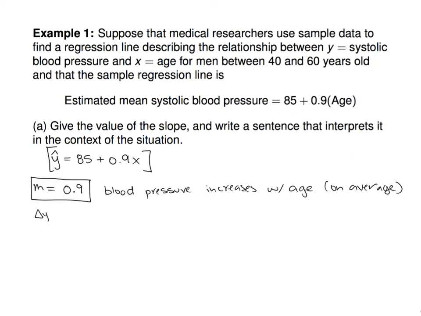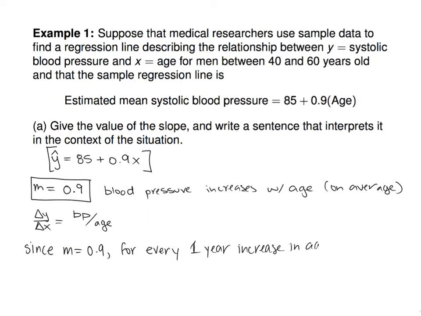Okay, now let's think about what the units here are. We have change in y over change in x. Now y is blood pressure and x is age. And so we know that since the slope is 0.9, for every 1 year increase in age, that's like saying the denominator changes by 1.